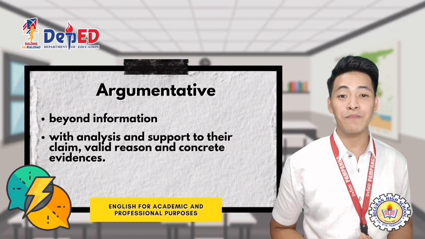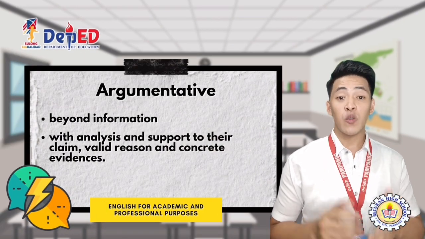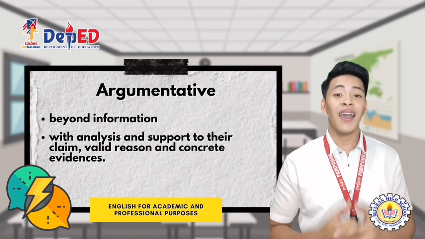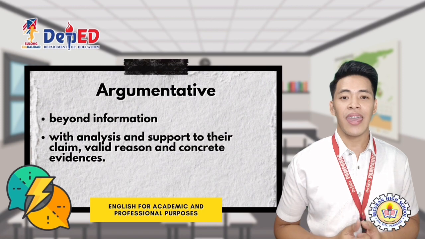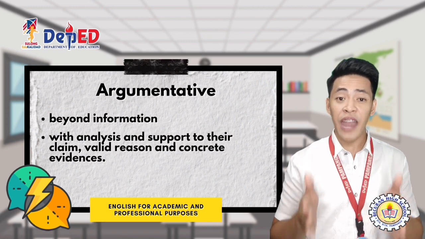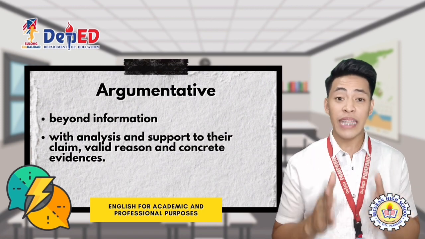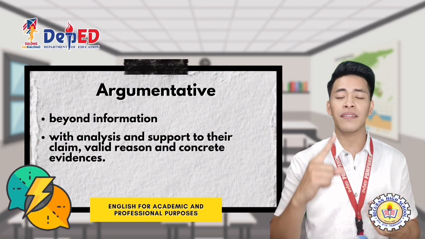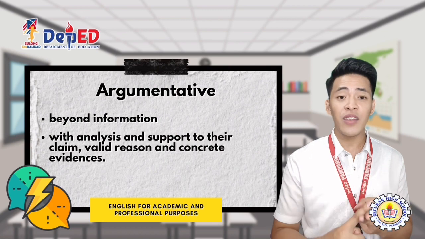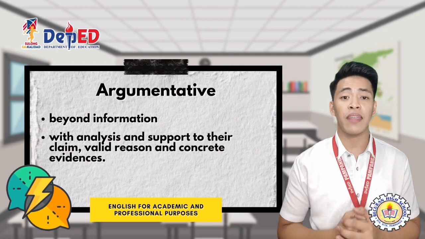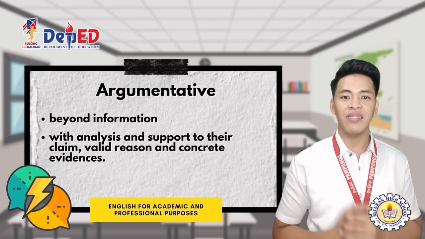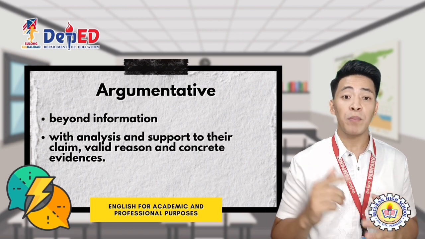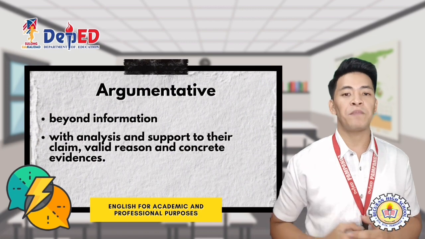Now, let's discuss argumentative writing. When we say argumentative writing, again, it goes beyond giving information. Always remember that as a writer, when your purpose or objective is to persuade your readers, you are guided by your evidence with analyses and references that will support your claims and theories, and more often than not, you should always have a valid reasoning for every point that you present in your paper.